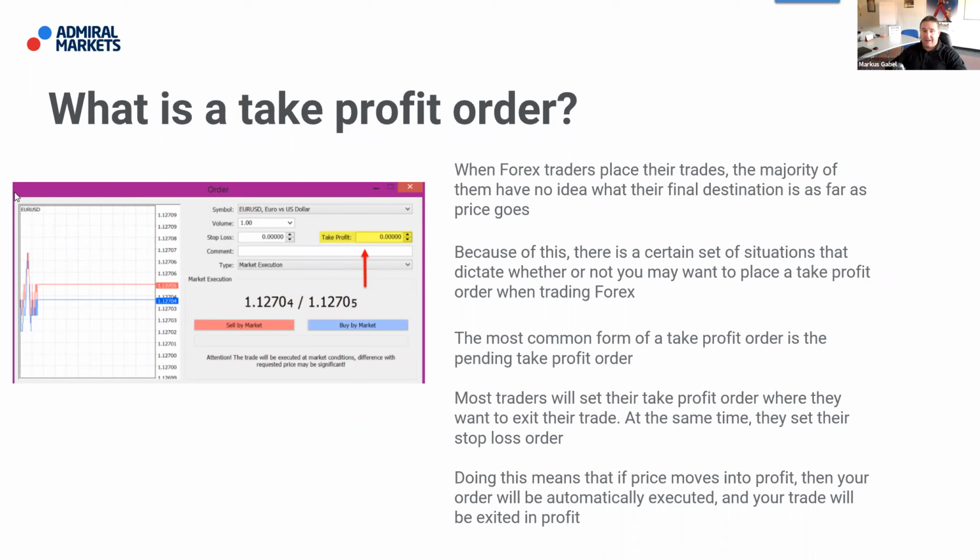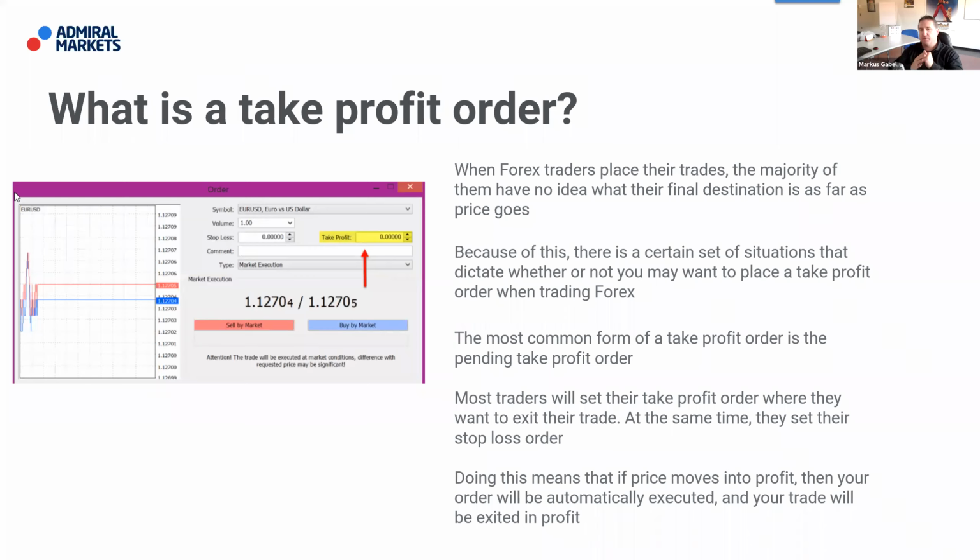is working well. Because of this, there is a certain set of situations that dictate whether or not you may want to place a take profit order when trading Forex. Or you can do the same in stocks or futures or commodities. It's always the same. It's not only about Forex.